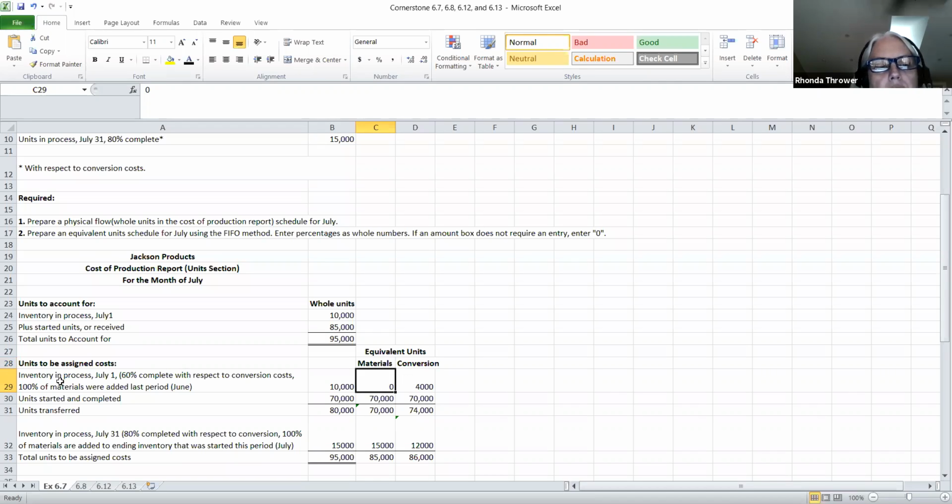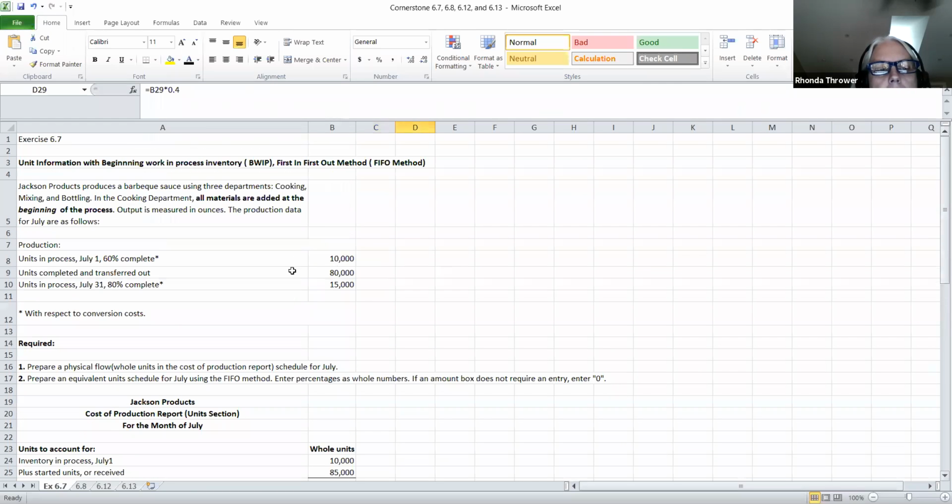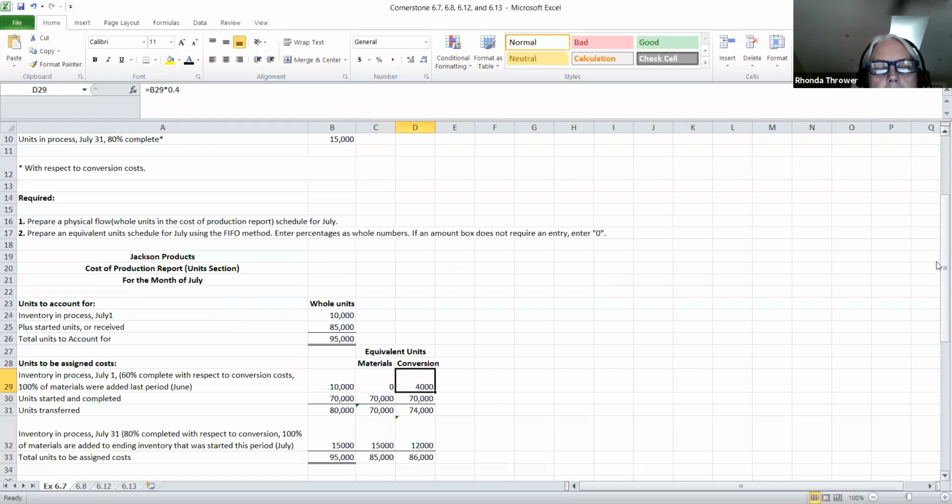But what we'd have to do is finish our beginning inventory with respect to the conversion, because remember, they told us that it was 60% complete last period for the conversion cost. So 40% has to be completed during this period of time.